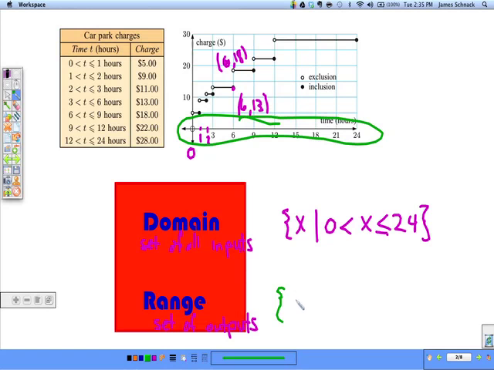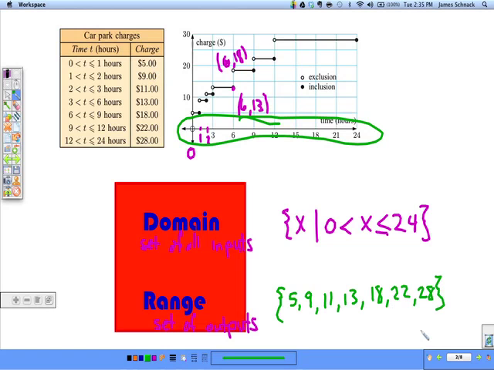Now this one's going to be a little different because there are only certain values that are in our output that our dependent variable can have. The smallest value would be 5, 9, 11, 13, 18, 22, 28.